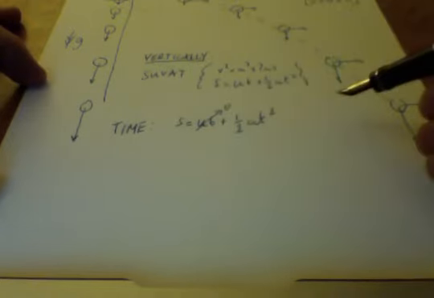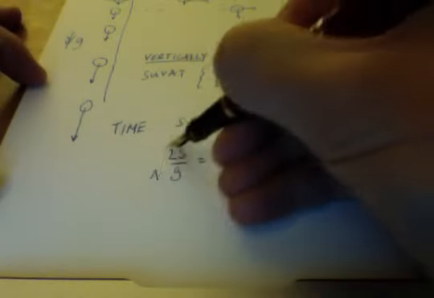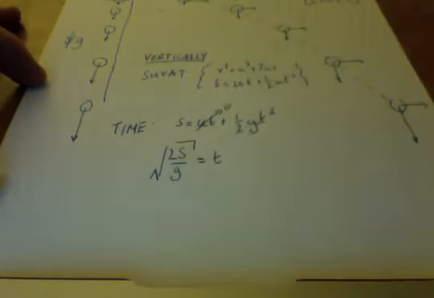Initially, vertically, it's not moving at all, so therefore we can ignore this part of the equation. And of course it's falling under gravity, so that becomes g. So therefore the time period is the square root of 2s over g. Quite a useful little equation there.